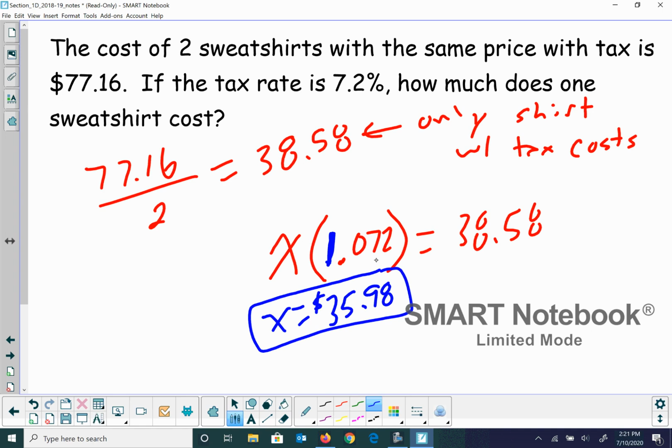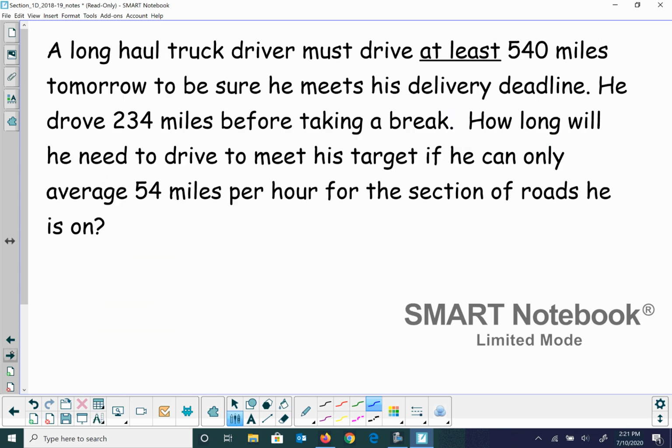So they would have it on sale for $35.98. You go and pay for the shirt, and you actually wind up paying $38.58 because there was a tax on it. Sorry about that error before.